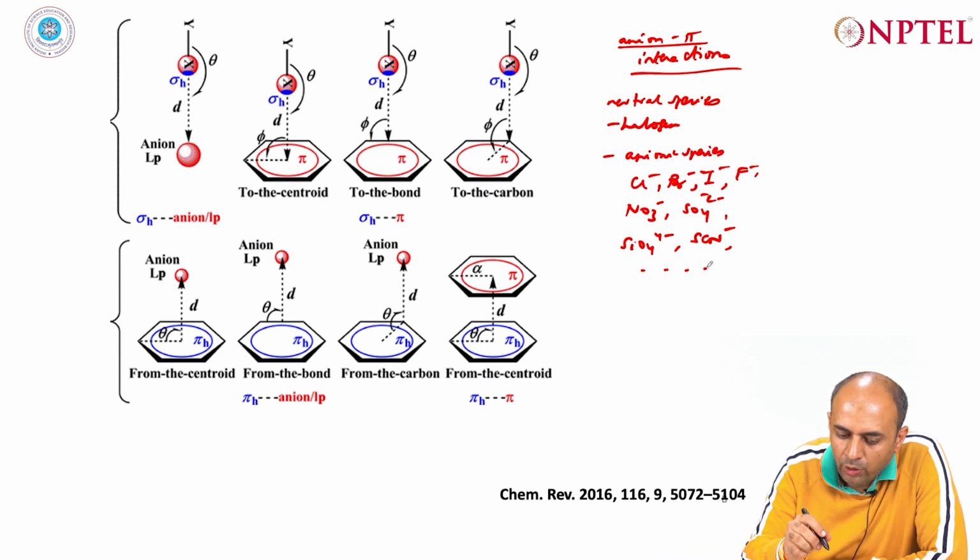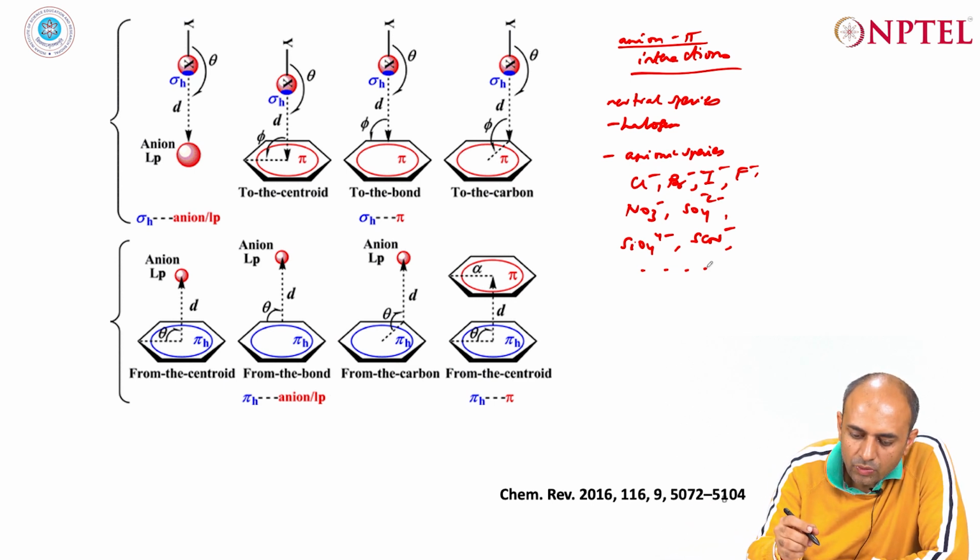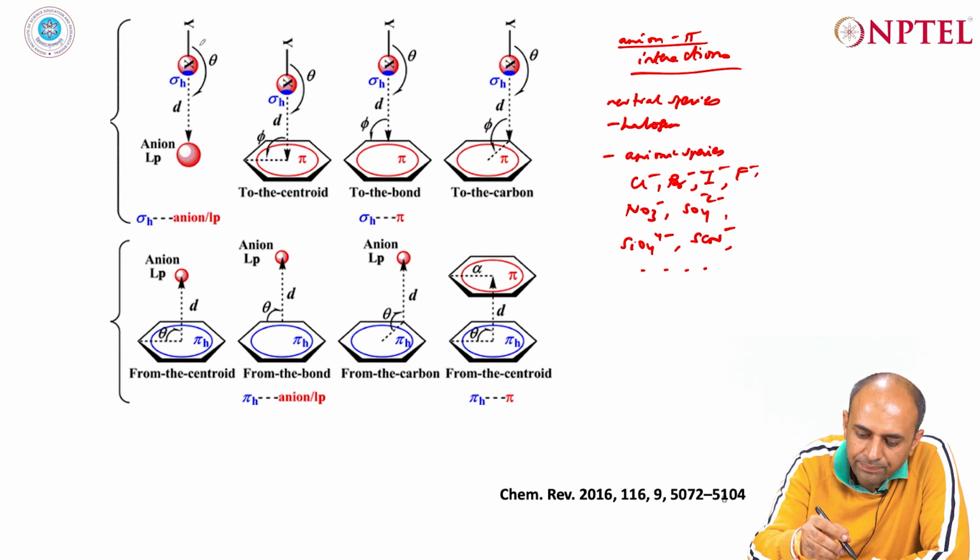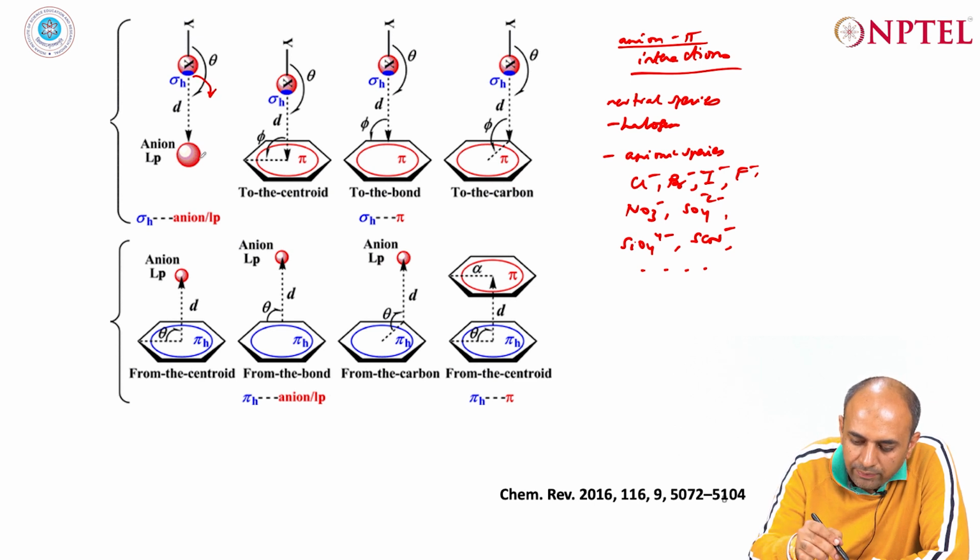Now when you have a halogen atom which is covalently bonded, C-X, the sigma hole, which is electrostatically positive, will interact with the electron rich region on the anion. The electron density is spherically symmetrical, the electrostatic potential is negative, and so there is an electrostatic interaction between the sigma hole and the anion lone pair of electrons.